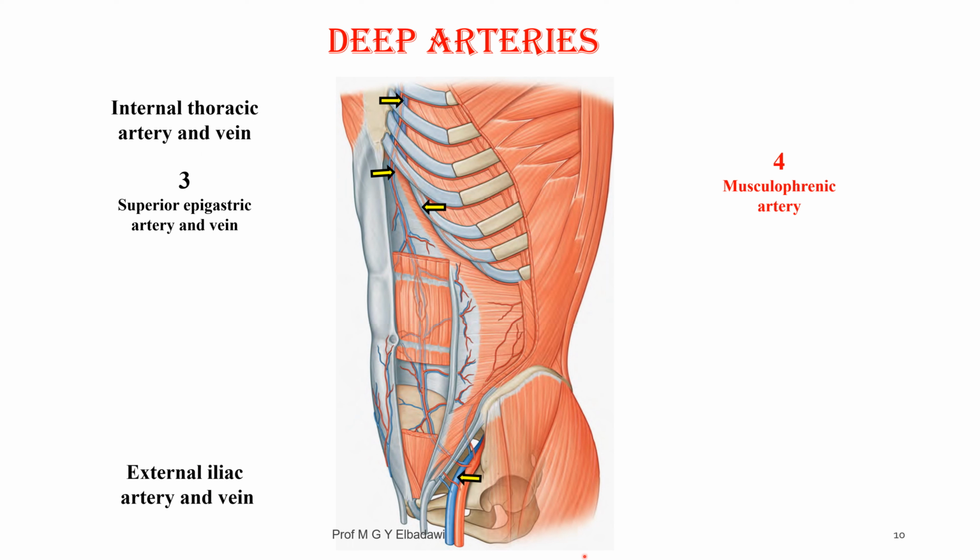That is the external iliac vessels. The inferior epigastric artery and vein, which arise from the external iliac artery, and that is the deep circumflex iliac, which again comes from the external iliac. So they are 4, 2 from the external iliac and 2 from the internal thoracic artery.